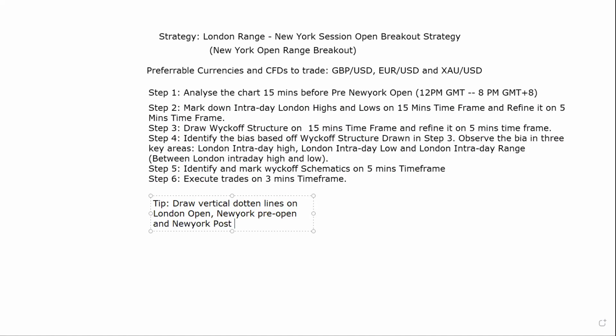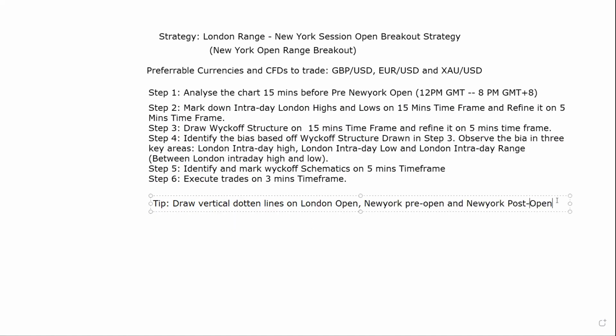Okay. The difference between the London session, like the London Open, and the New York Open is that the New York Open is divided into two parts: New York Post Open and New York Pre-Open. That's the difference. This is tip 1.